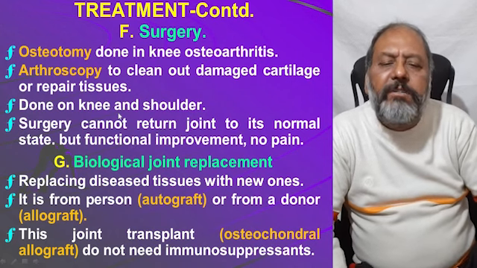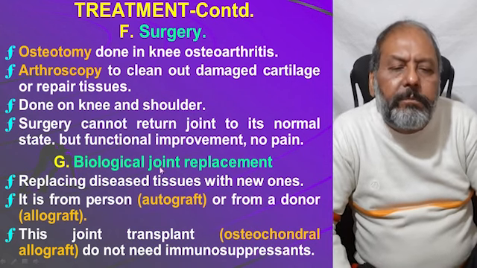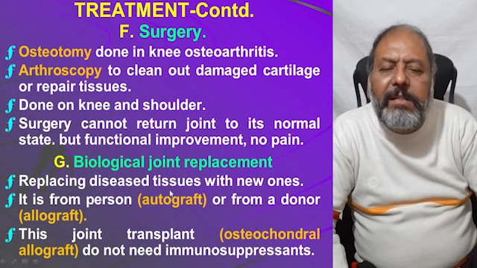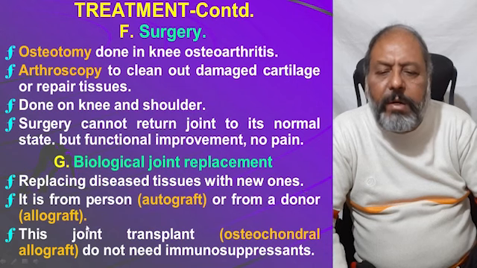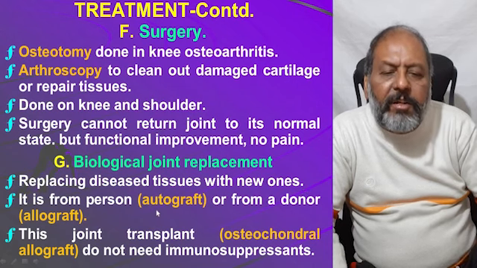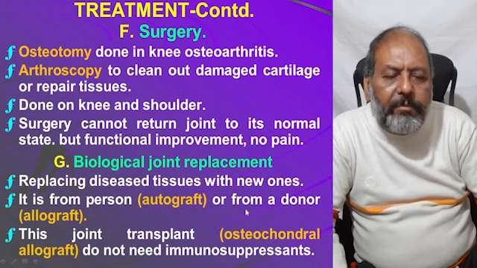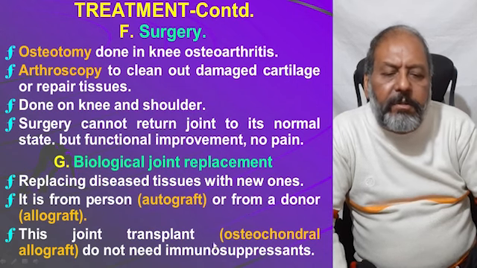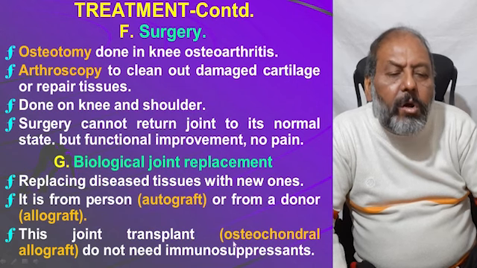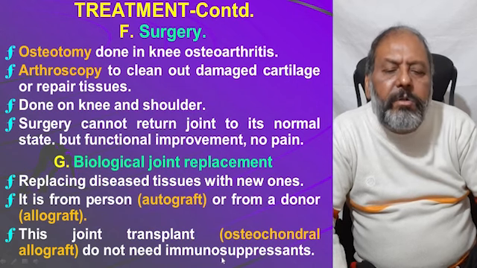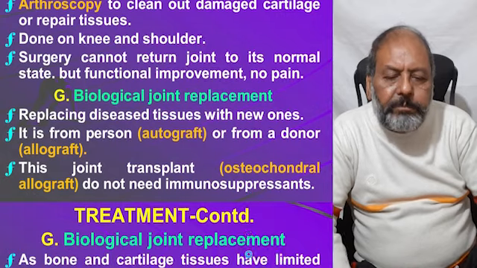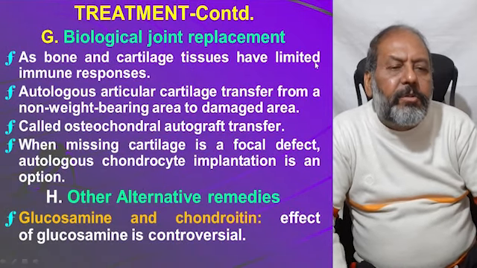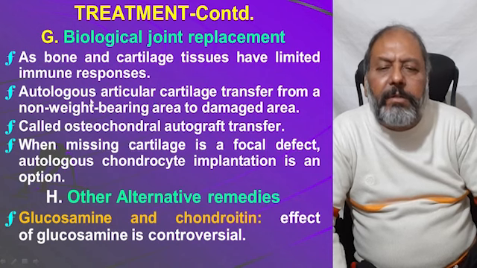The next in the treatment is biological joint replacement. This is a new treatment replacing the diseased tissue with new ones. It is from the same person, which is called autograft, or from a donor, which is allograft. This joint transplant, which is called osteochondral allograft, does not need immunosuppressants because bone and cartilage tissue have limited immune responses.